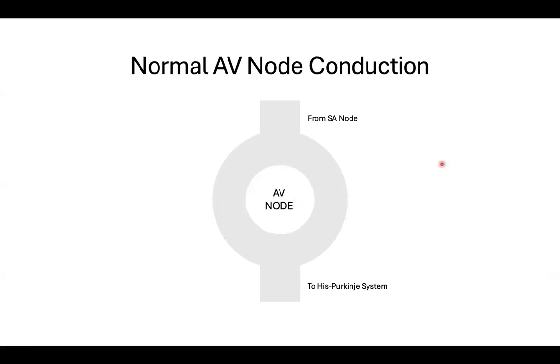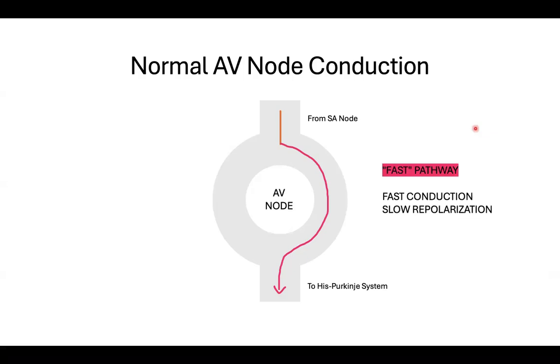But in order to understand the pathophysiology of AVNRT, it's important to remember what our normal AV node conduction looks like. We have a beat coming from the sinus node, and typically it travels down through the AV node to our His-Purkinje system via what we call the fast pathway, which is characterized by fast conduction and slow repolarization.